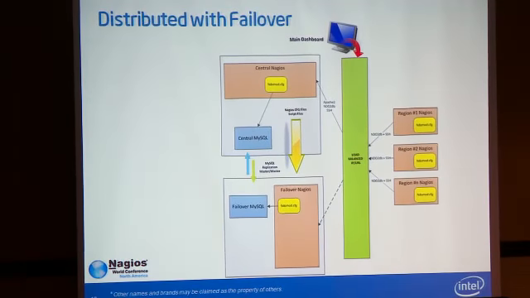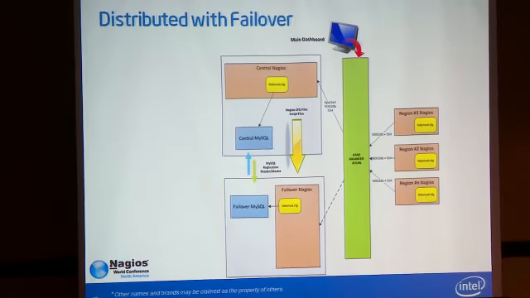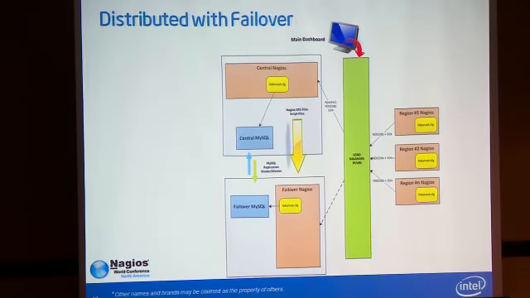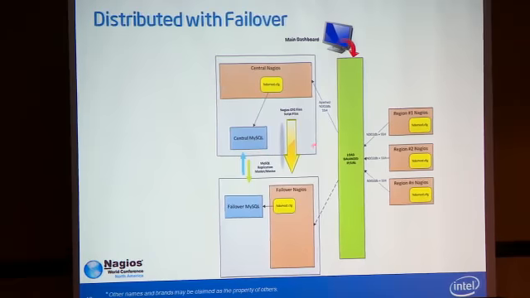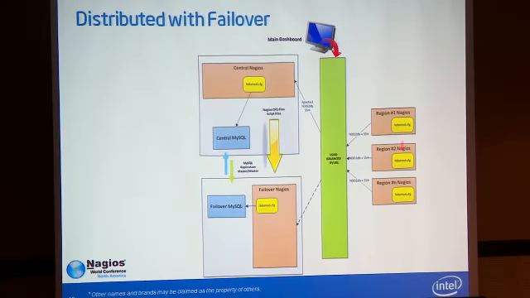How can we have the distributed setup with failover? In this case, what we have is this central Nagios, as I showed before, and the distributed Nagios across the world. We use a load balanced IP or a URL that the main dashboard reaches.